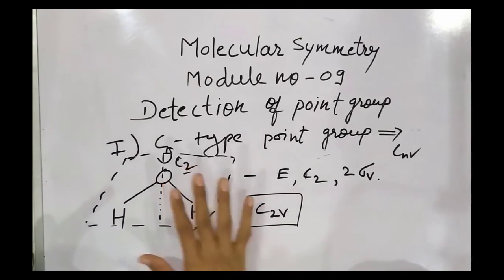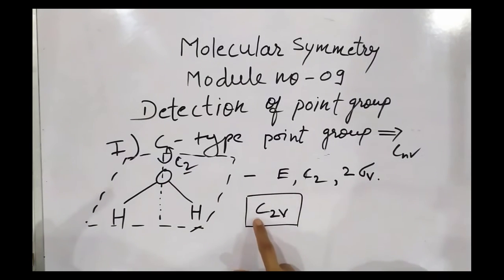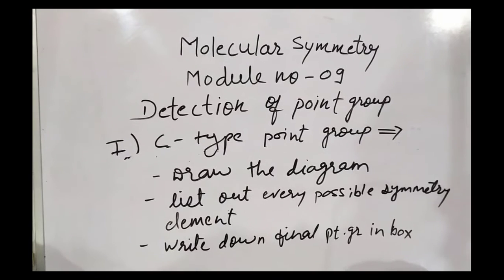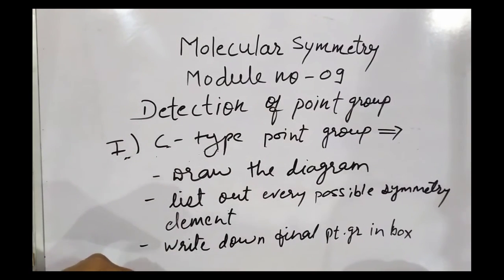So draw the diagram, list out all the elements, write down the final point group and make a square bracket or put a box around that point group. Okay, so these are the steps to be followed while determining the point group.